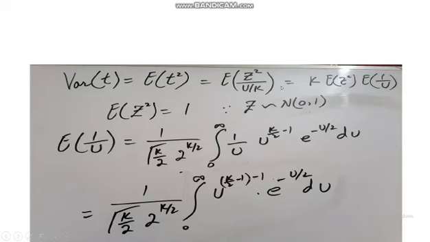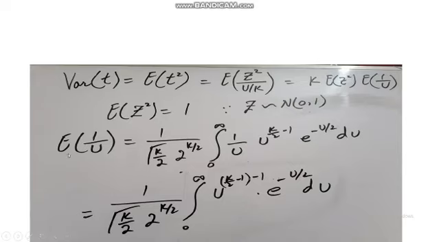On the basis of independence, we may write it separately. Since z follows the standard normal variable with 0 mean and unit variance, the expected value of z square is equal to 1.